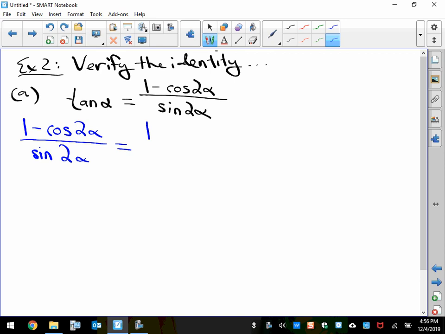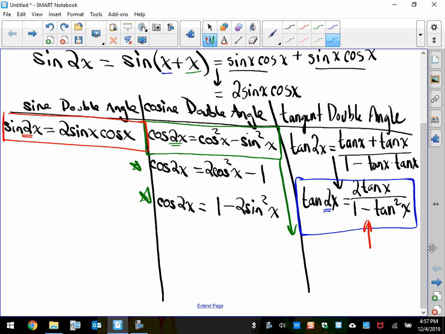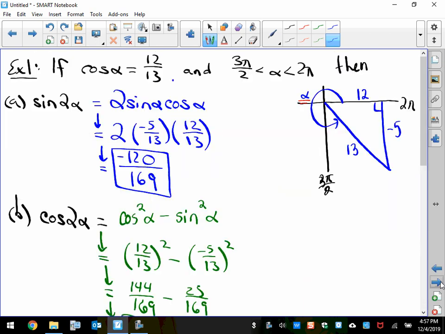We're trying to get to tangent alpha, so it would be nice to have sine in the numerator. So let's go back and choose the cosine double angle identity that has sine in it. I'm going to replace cosine 2 alpha with 1 minus 2 sine squared alpha.